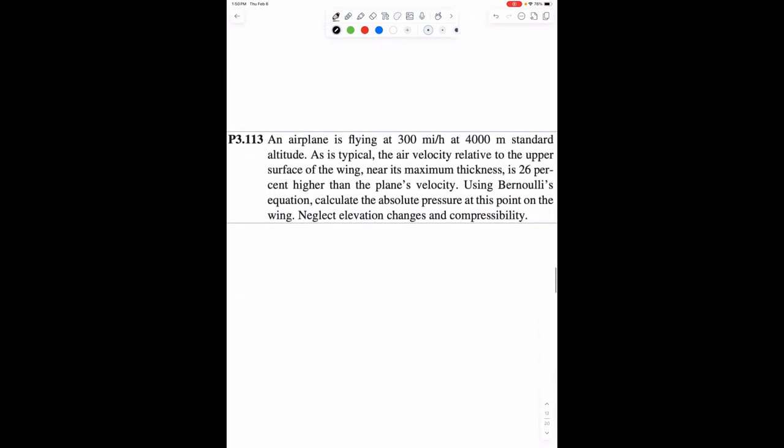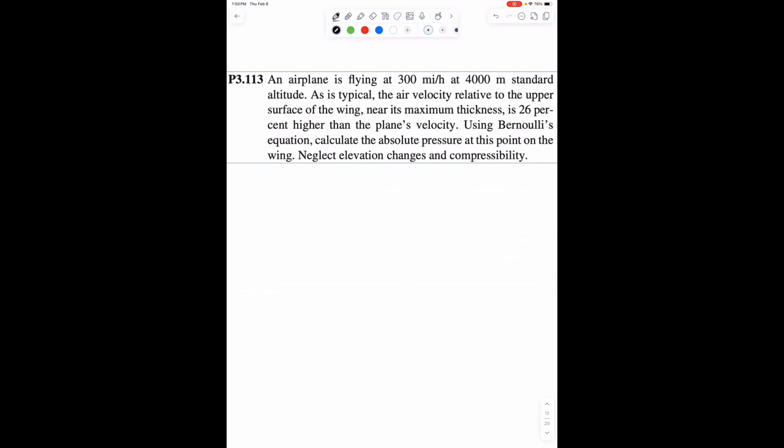So this last problem here, we have an aircraft flying at 300 miles per hour. So I'm going to label this VC for the aircraft, 300 miles per hour. And we're flying at an altitude of 4,000 meters. We're told that the air velocity on the upper surface of the wing at the maximum thickness is 26% higher than the speed of the aircraft.